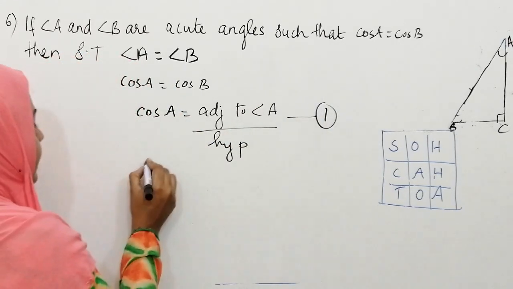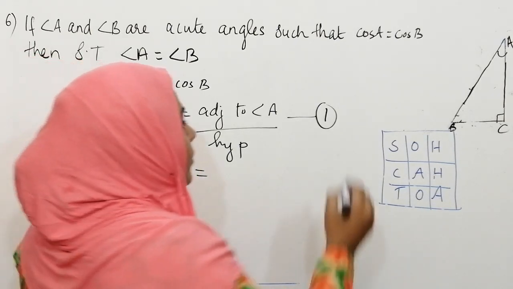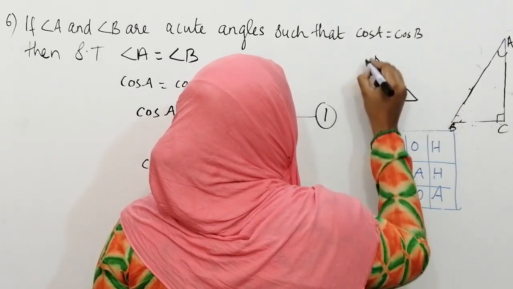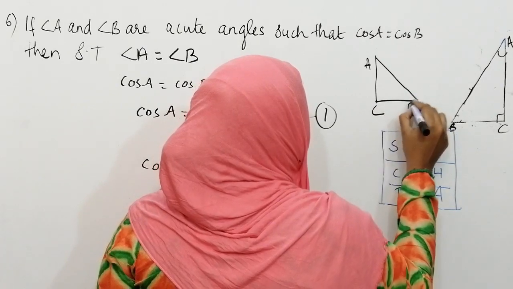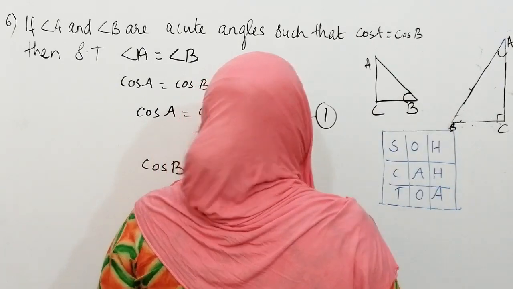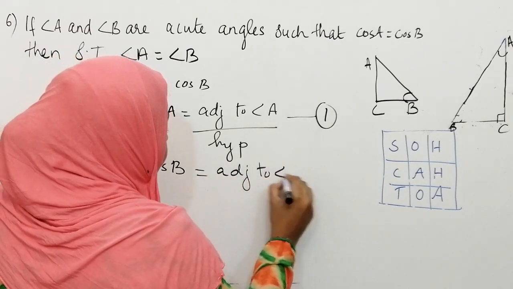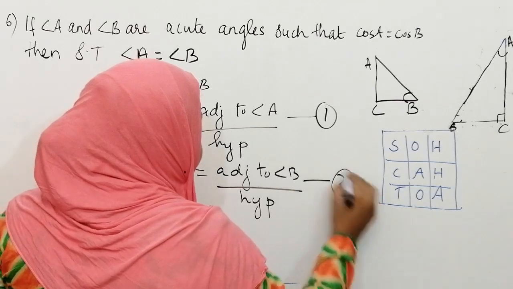Second one, cos B is equal to. Here I am drawing another triangle. So cos B is equal to adjacent to angle B by hypotenuse. So this is our second statement.